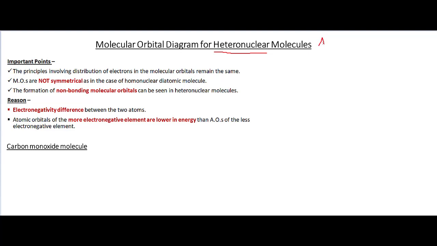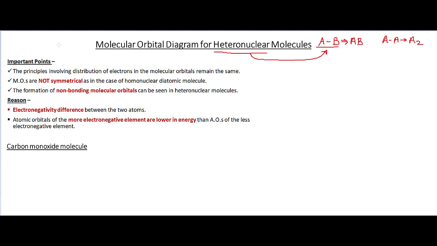Homonuclear had similar atoms forming the molecule, and heteronuclear will have different atoms.